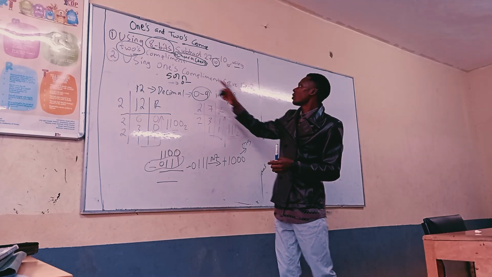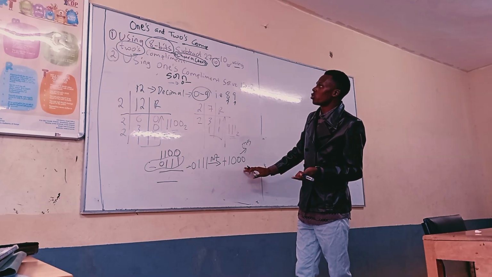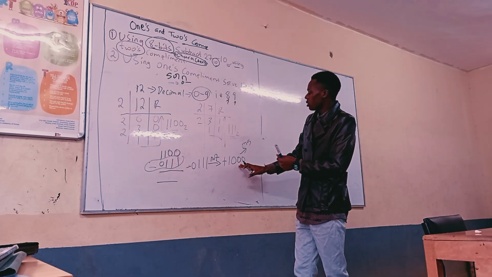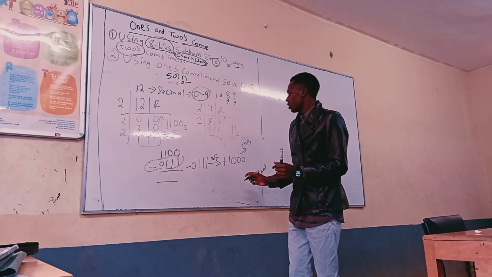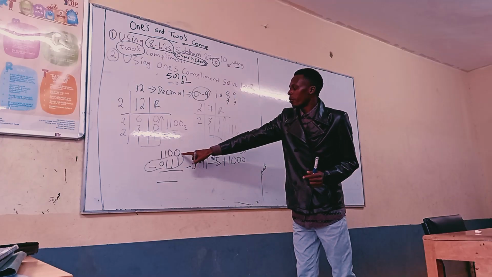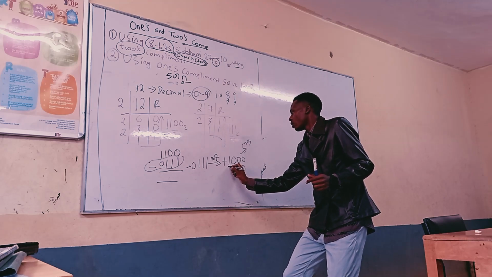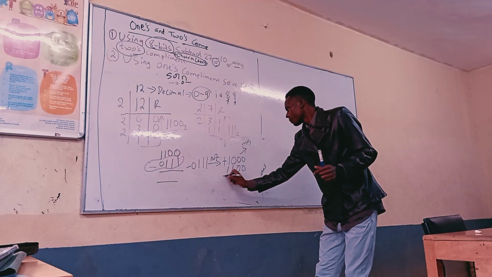The question was saying one's complement. So we don't add 1 here to turn it to 2's complement because we are supposed to use the 1's complement. After turning it, you add the positive one. So we add 0, 0, 1, 1 to 1, 1, 0, 0.